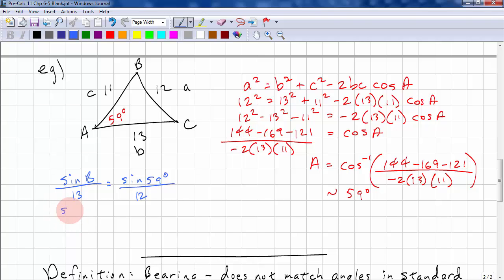So sine B equals 13 over 12 sine 59. So B equals the inverse sine of 13 over 12 sine 59.